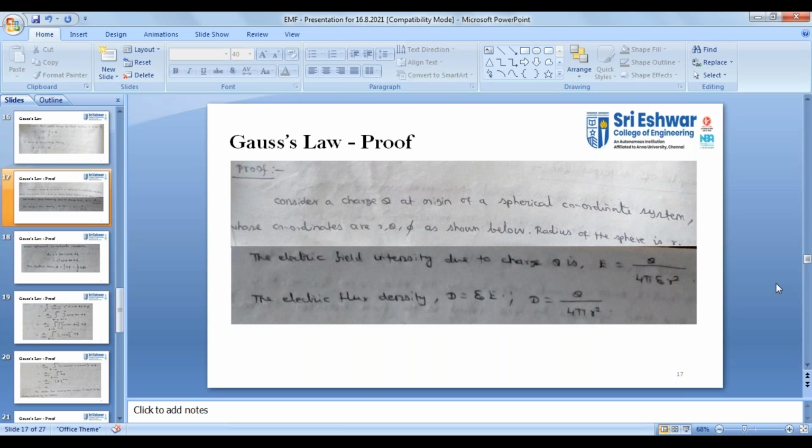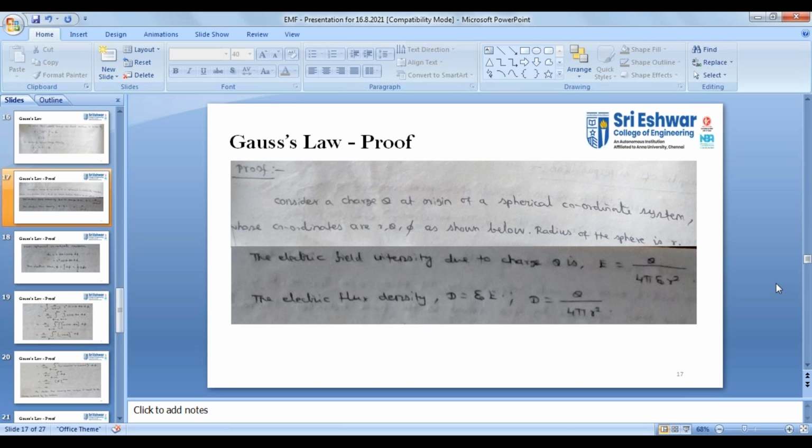The electric field intensity due to charge Q, we know already: E is equal to Q by 4 pi epsilon r square. We have seen this electric field some slides before. So for a spherical surface, E is equal to Q by 4 pi epsilon r square.